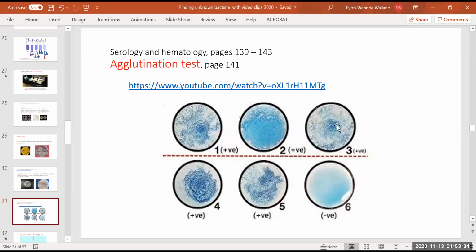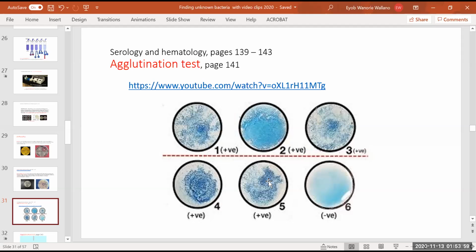In this one, not homogeneous. You see, there are granules. So for this reason, agglutination is positive. Is it good? Yes, it is good, because the antigen is going to recognize the antibody. So the doctor is saying, oh, this bacteria is bacillus, maybe it is gram-positive bacteria.